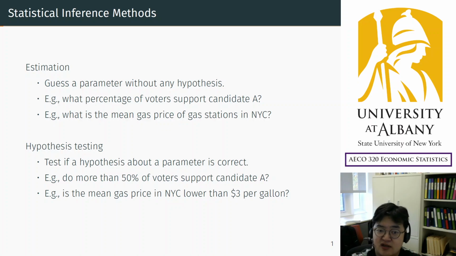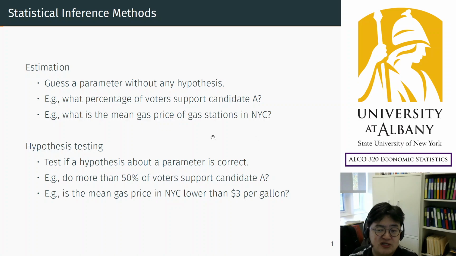Is it correct? For example, I have a hypothesis. Is it correct? Then you look at the data, and your answer should confirm the hypothesis or reject the hypothesis. So hypothesis testing and estimation are similar and related, but the form of the questions is different.